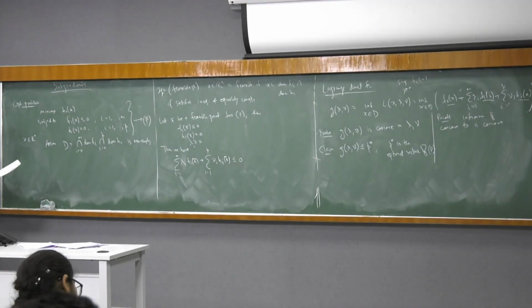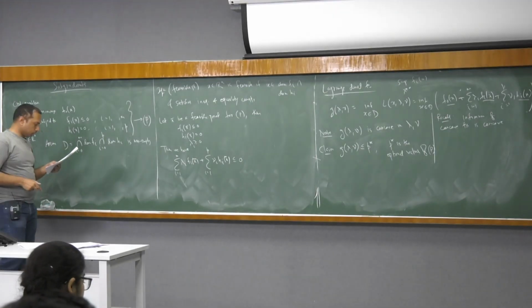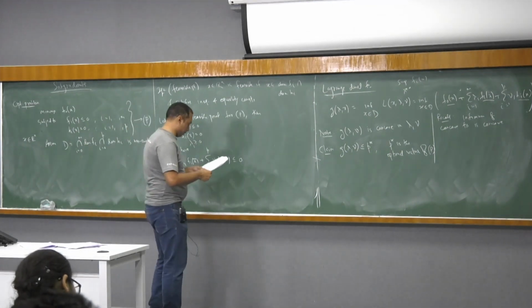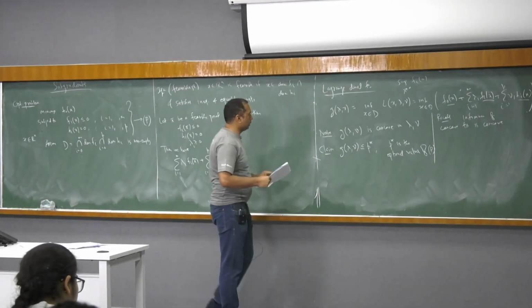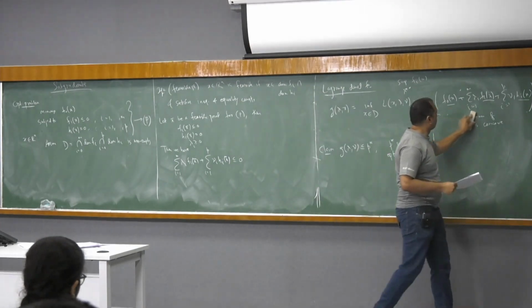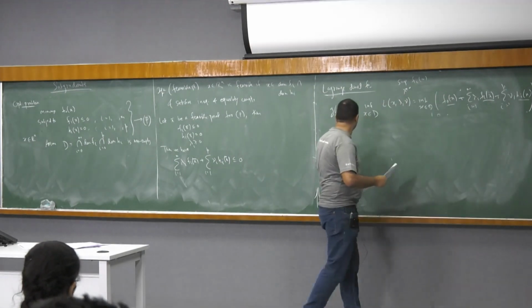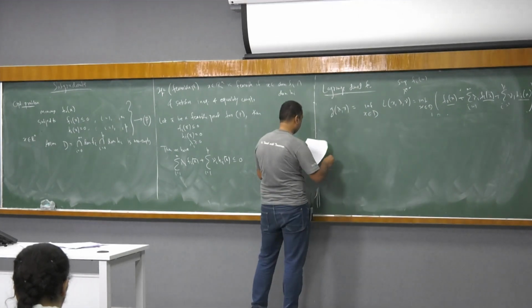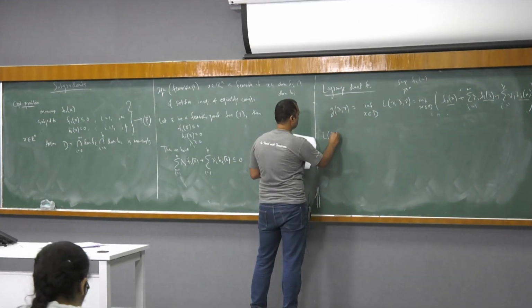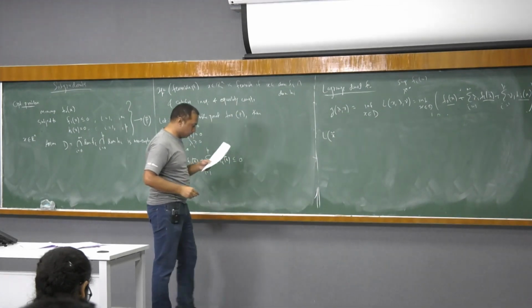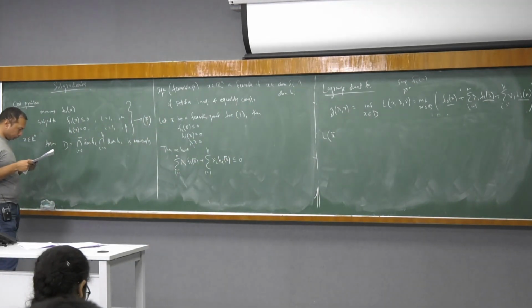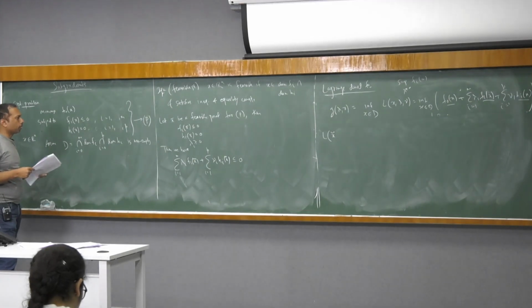So now we look into the Lagrangian. If we write down L over some x tilde, let us say, okay, this is not the x bar, or it is the x bar actually.